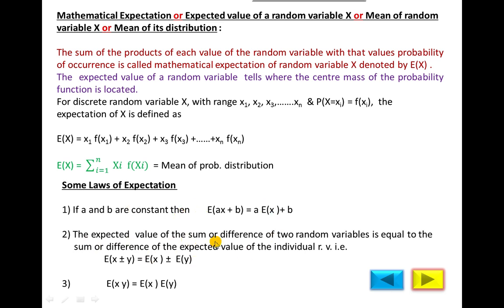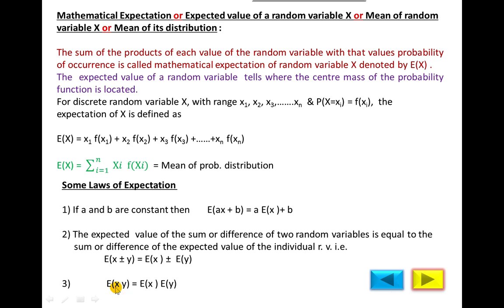The expected value of the sum or difference of two random variables is equal to the sum or difference of the expected values of the individual random variables. For two random variables, the mean value of the sum or difference will be equal to the sum or difference of the individual mean values.